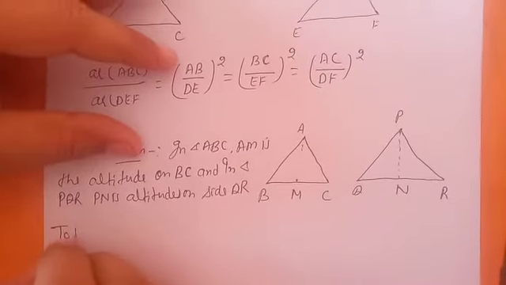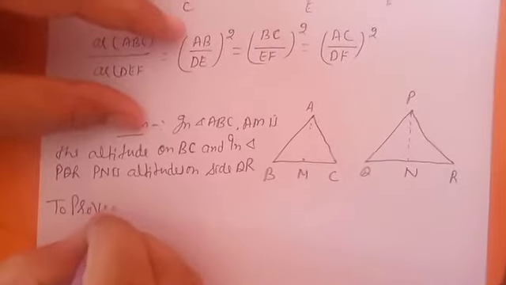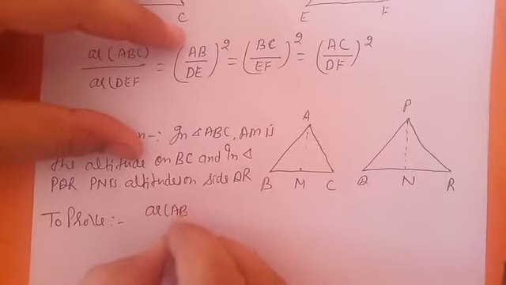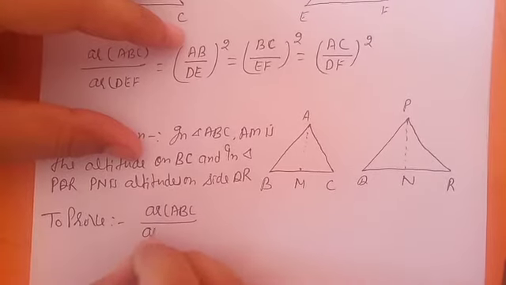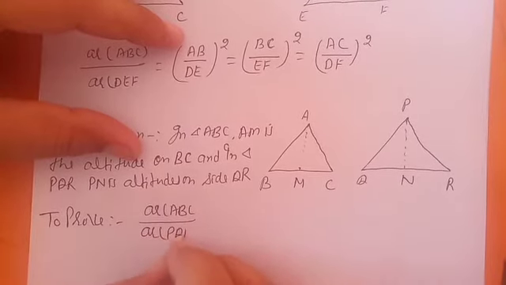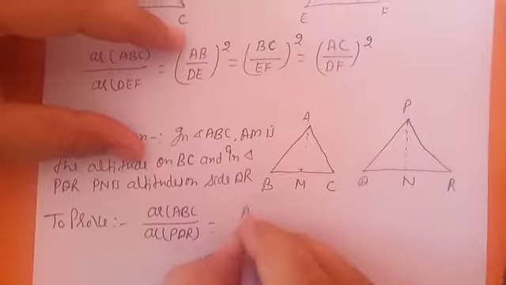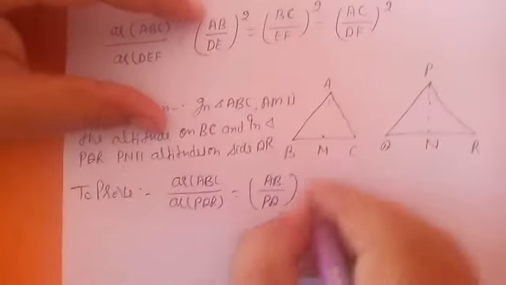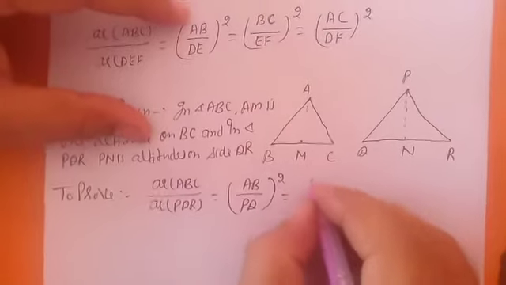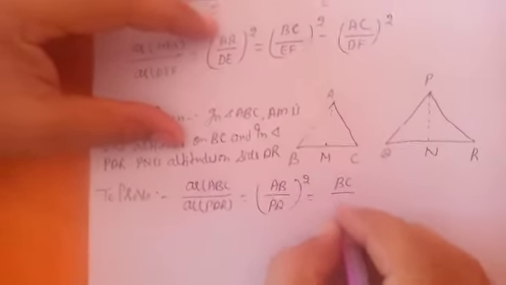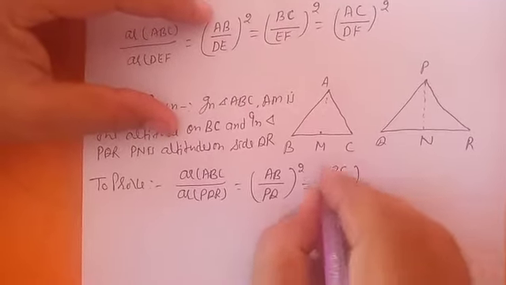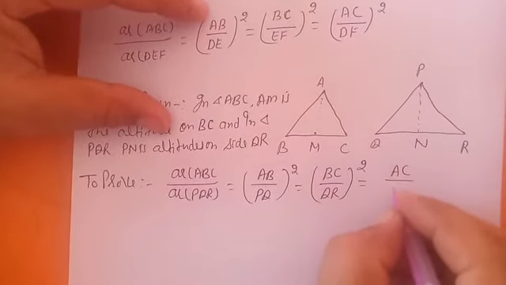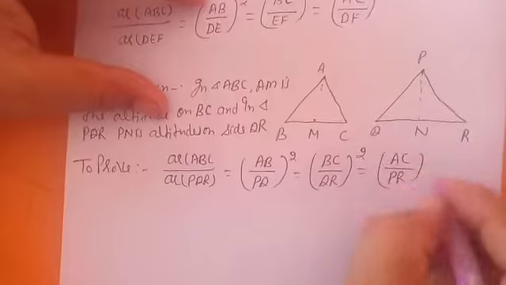To prove: area of triangle ABC by area of triangle PQR is equal to AB by PQ whole square, is equal to BC by QR whole square, is equal to AC by PR whole square.